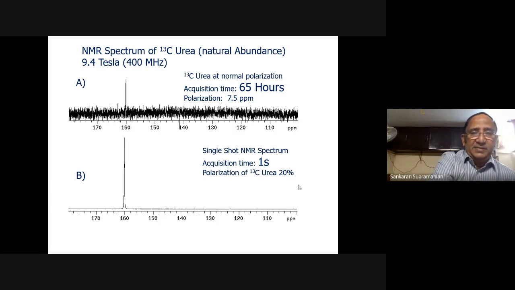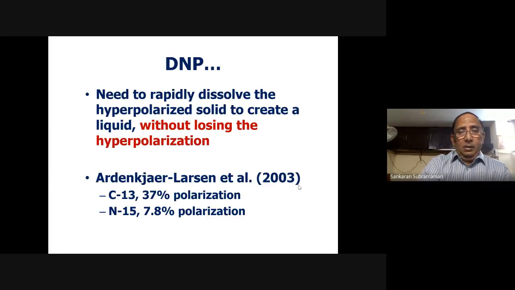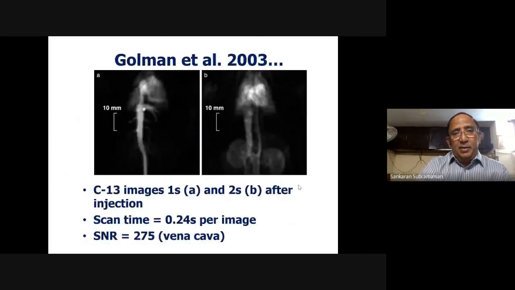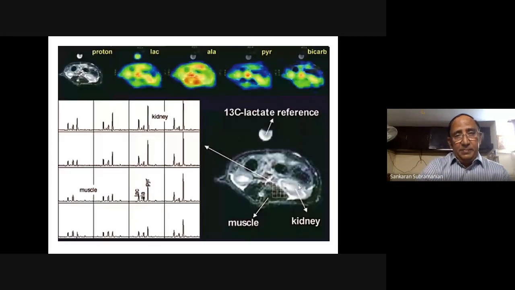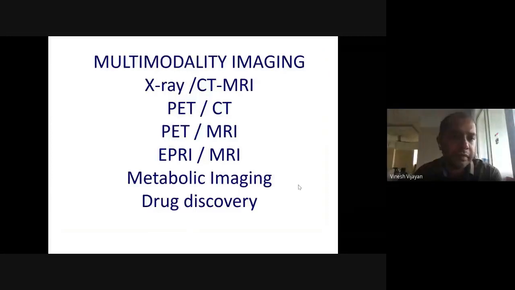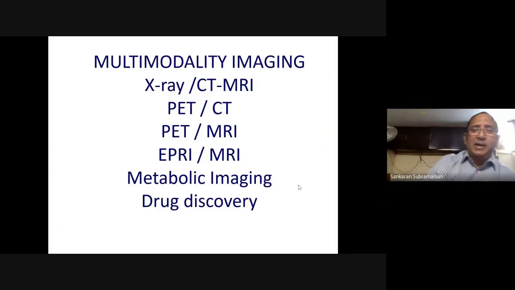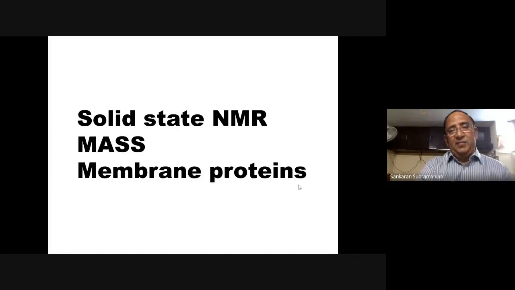And this is a spectrum with the signal to noise ratio done in one shot: a 1 second spectrum versus a 65-hour spectrum. The difference is that one is hyperpolarized, the other one is unpolarized. Okay, we're going to stop like this, and I don't have time. These are actually angiograms of carbon-13 after hyperpolarization. So with multimodality imaging, one can combine X-ray, PET, CT, EPR, MRI, etc. to get a variety of information.